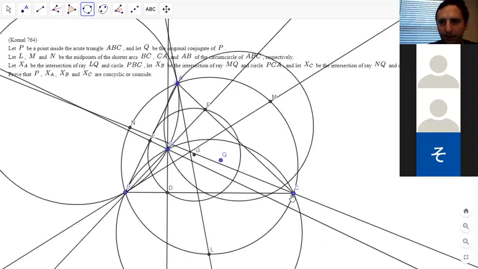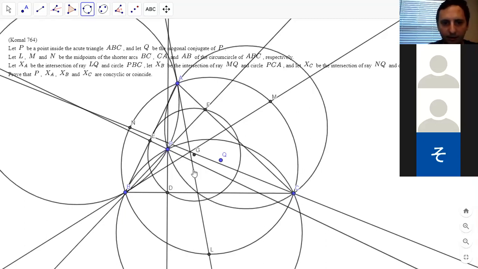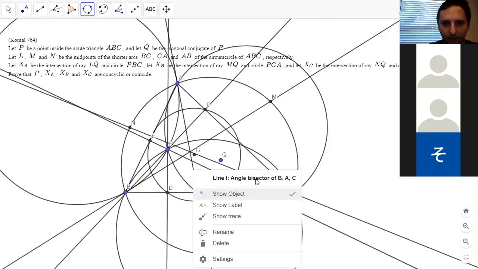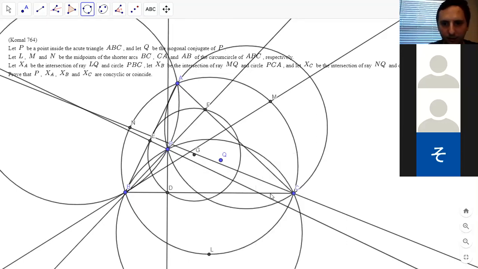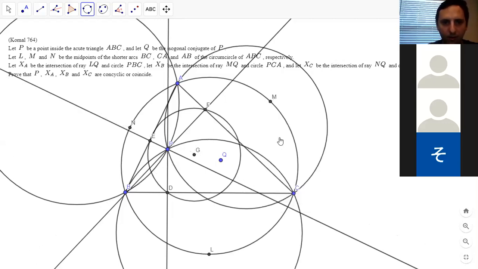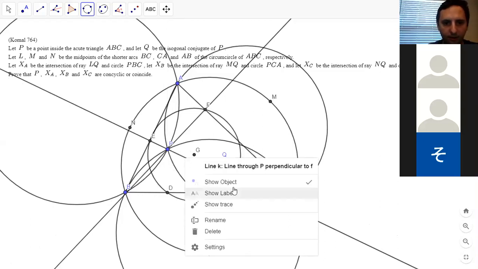So yeah, maybe I can hide these angle bisectors for now. There's too many lines.